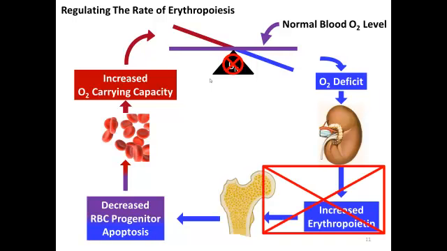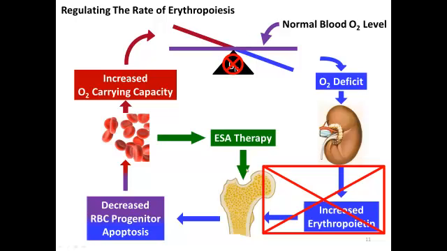The problem is the kidneys of end-stage renal disease patients do not produce sufficient erythropoietin. Therefore, we need to externally provide ESA therapy. But instead of using the oxygen level as the marker to control, what is used is the hemoglobin, which is an indirect measure of the oxygen-carrying content.